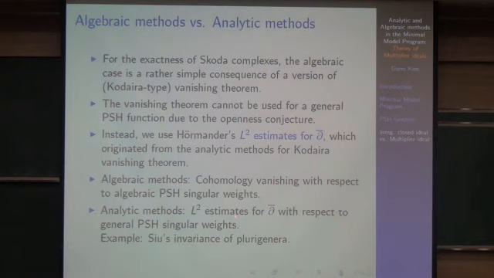So they are different, but you can think of the L2 estimate for d-bar as a generalization of cohomology vanishing, because, for example, you can use it to prove many vanishing theorems. So what I meant in the title by analytic methods was this d-bar equation method and general PSH singular weights instead of algebraic PSH singular weights.